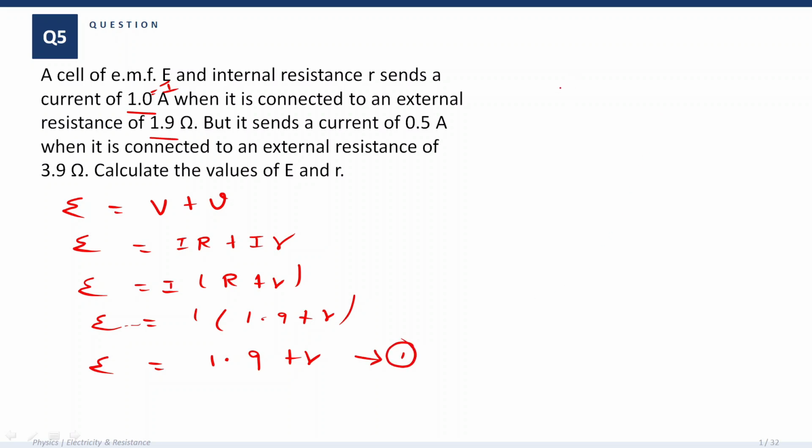Similarly, for the second statement, epsilon equal to current 0.5 ampere, external resistance 3.9 plus internal r. This is equation 2.